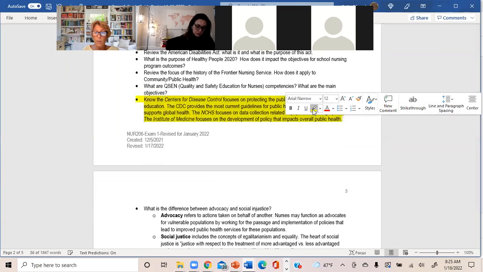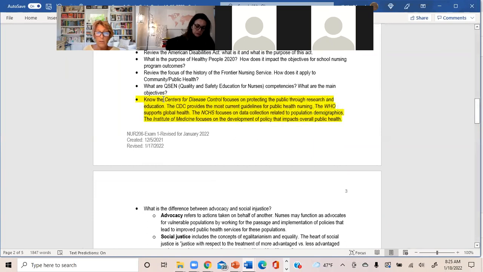Because it gives you a couple of definitions. It gives you the definition of the CDC. It gives you a definition of the WHO, World Health Organization, which is international, supports global health. It gives you the definition of the NCHS, and then the Institute of Medicine. So this bullet gives you 4 definitions.